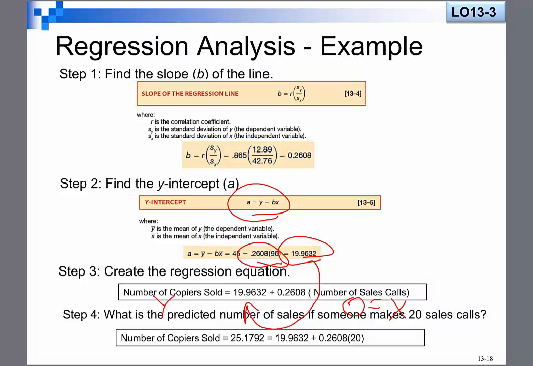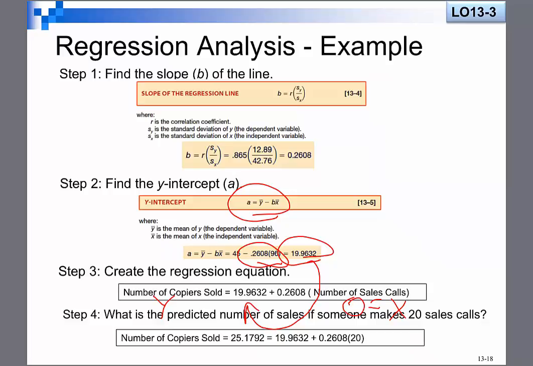In other words, if no one made a sales call that month, which is the period we're looking at, you'd still have y equals 19.96 copiers sold. So the y-intercept represents the ability to understand that fact. Set x to 0, you still have something sold in terms of copiers.